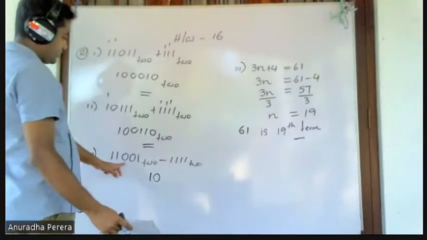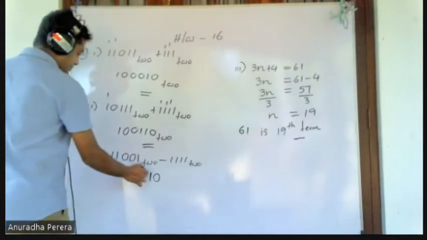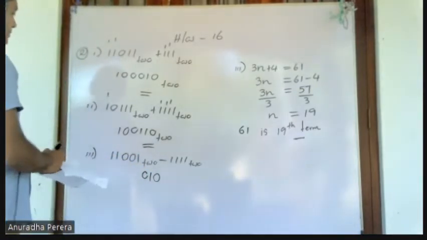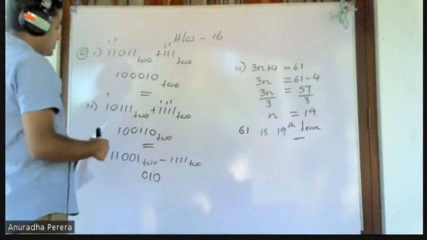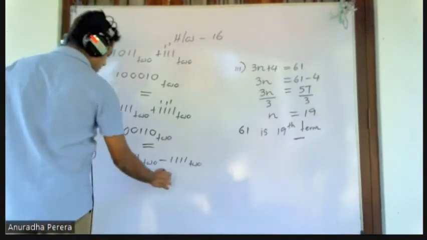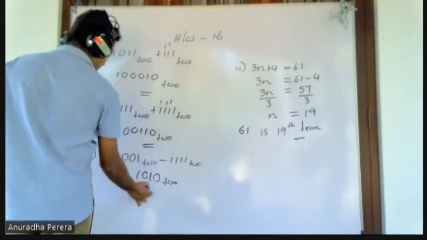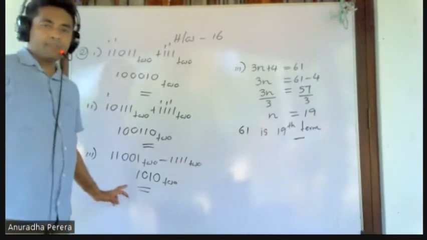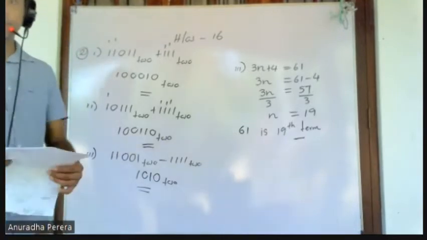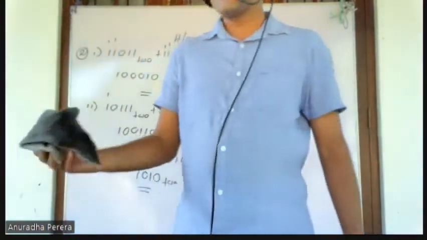The value here is 1. 1 minus 1 0. Right? Then this one is 0. 10 minus 11. Have you got the answer? Yes, sir.